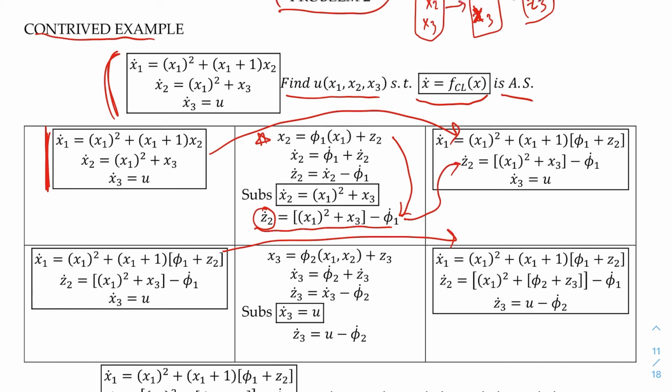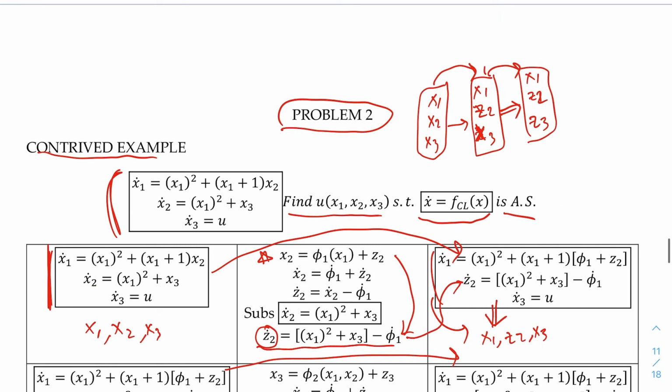Okay, here we will just write this here, right? And now look at this. The dynamics are written in x1, z2, and x3, right? Okay, so here x1, z2, x3, and the original dynamics are written in x1, x2, and x3.